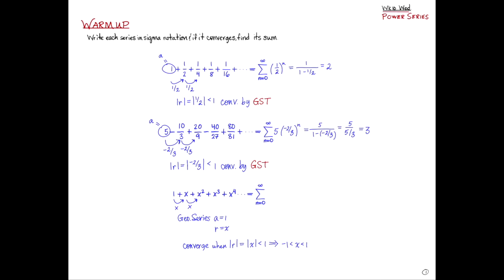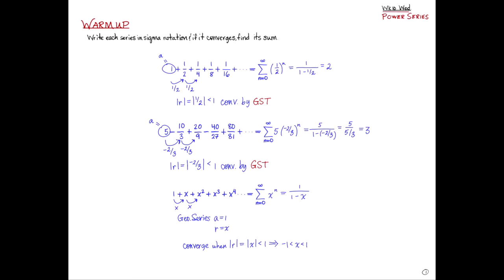In summation notation, we have the sum from n equals 0 to infinity of x to the n, and that is equal to 1 over 1 minus r, and here our r is x. Even though this doesn't look like one of our geometric series above, it still has that same general form.